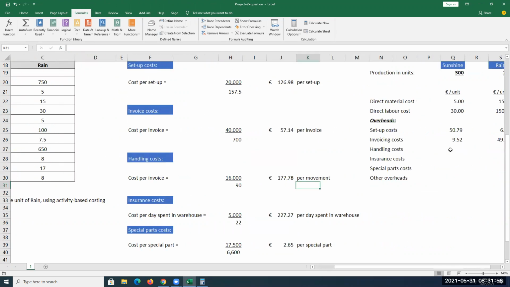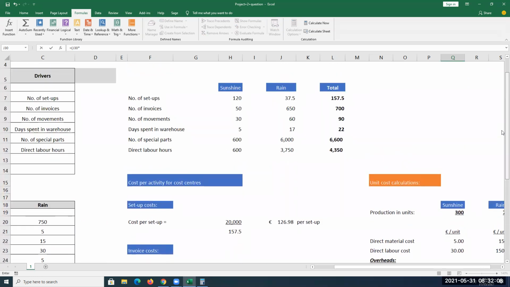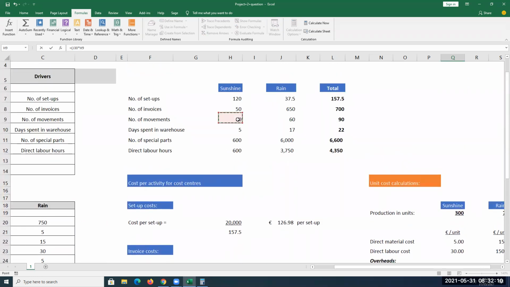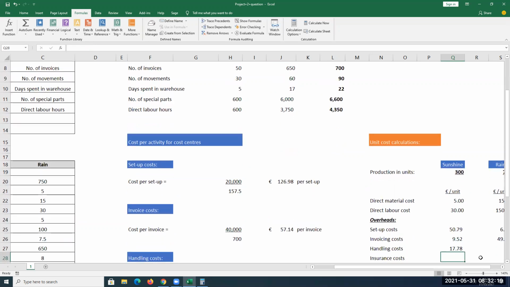So handling cost equals 177.78 multiplied by how many movements for sunshine we have? 30, divided by number of units 300. So it's 17.78.